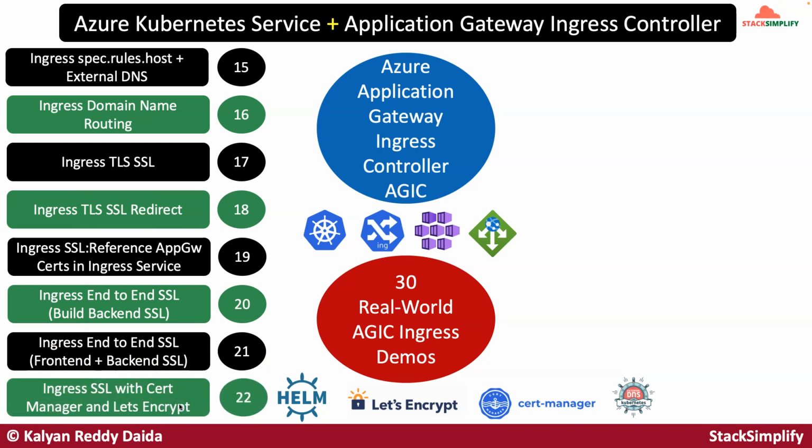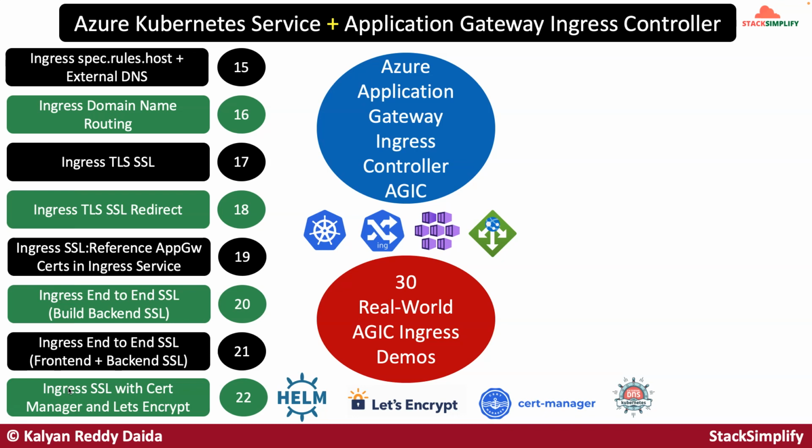After that, we'll focus on implementing Ingress SSL with Cert-manager and LetsEncrypt. So here we are going to generate SSL certificates which are production grade certificates using LetsEncrypt. And from LetsEncrypt to LetsEncrypt, we are going to submit the CSR, SSL certificate CSR using Cert-manager.